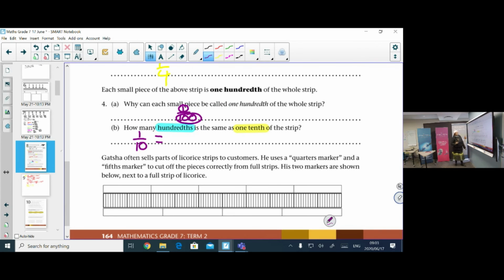You can see that. How many of the 100 is this equivalent to? What number do you multiply 10 by to get 100? That is 10. It means we also multiply 1 times 10, and the answer will be 10 out of 100. So this will be the same over there.